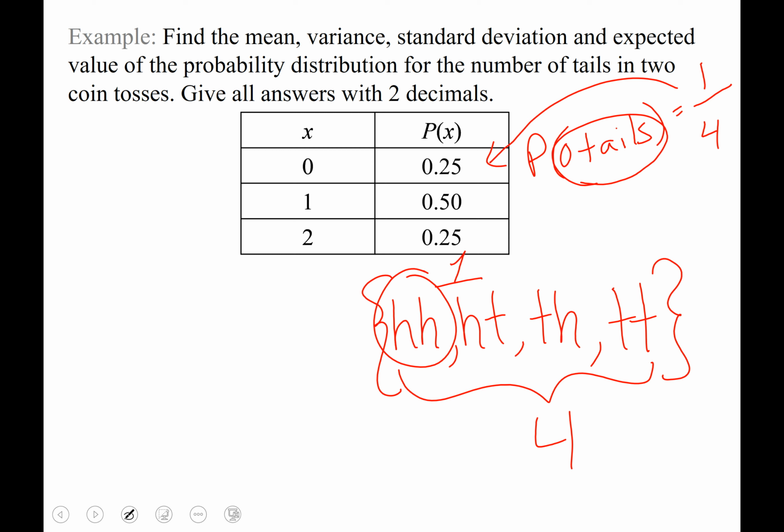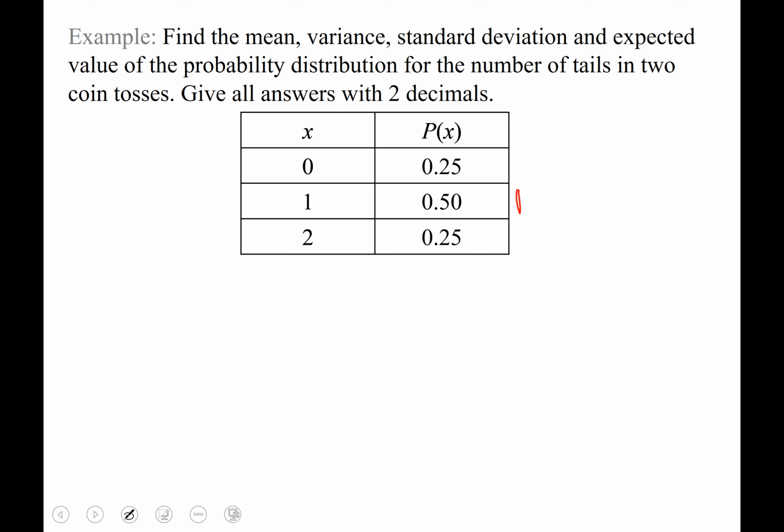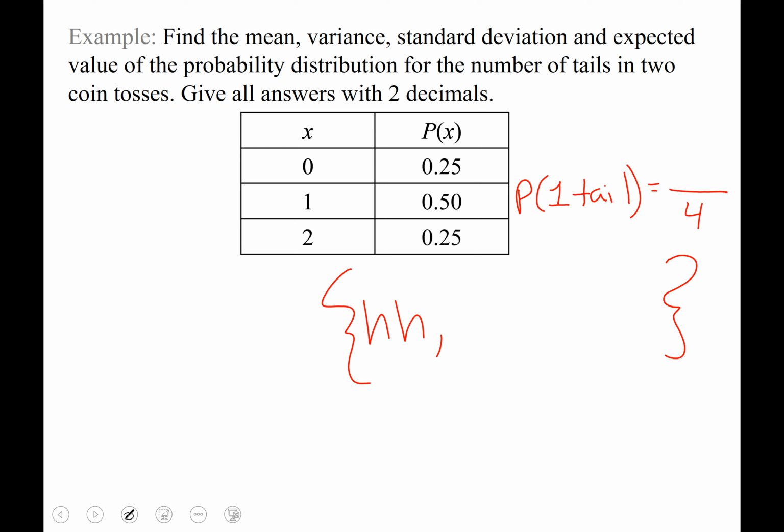Okay, erase that work. The next one is calculating the probability of getting 1 tail. It's going to be a fraction. The number of outcomes with 1 tail will be the numerator, and we already know the denominator: 4 outcomes. Heads, heads; heads, tails; tails, heads; and tails, tails.